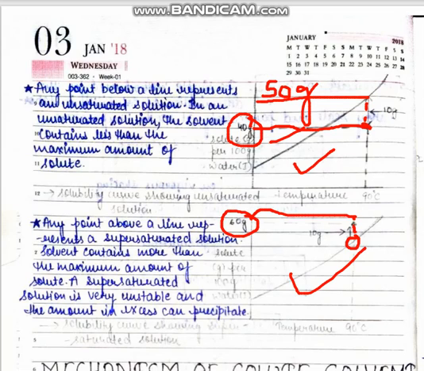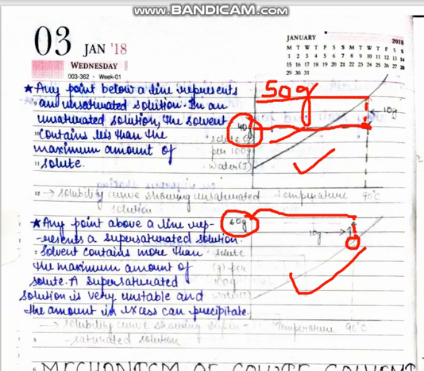Then one question arises: how can we make a supersaturated solution? Because we already said that in making a saturated solution, we add the maximum amount of solute that can be added in a solvent. If that was the maximum amount, then how can we prepare the supersaturated solution?